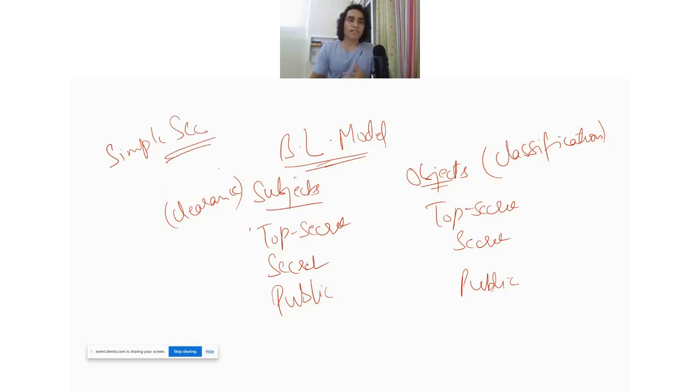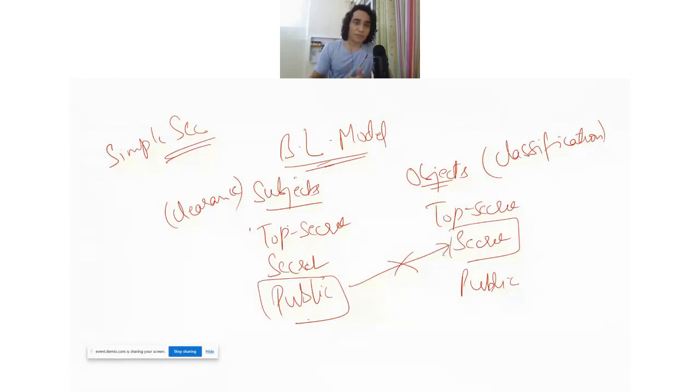It says that a subject cannot read an object at a higher classification level. For example, a subject at the public clearance level cannot read information at a higher classification level than their own clearance. That will be denied.